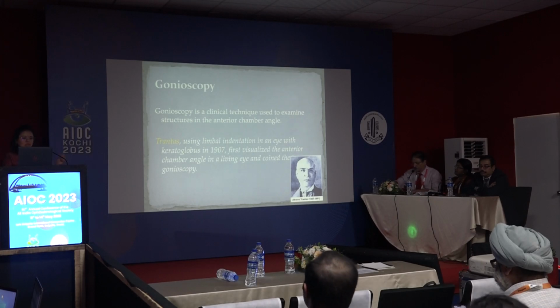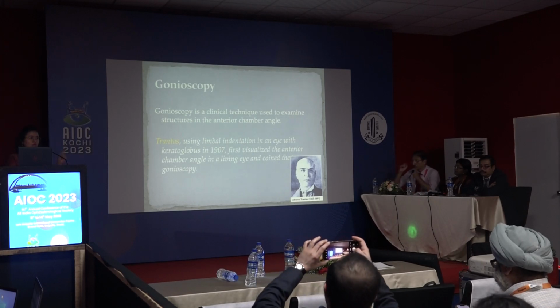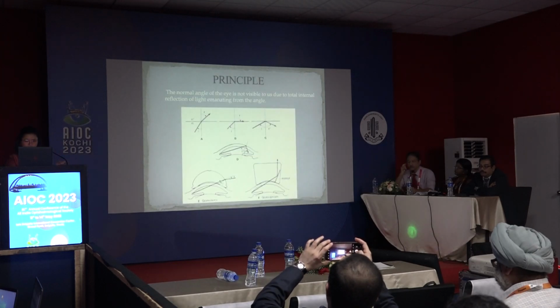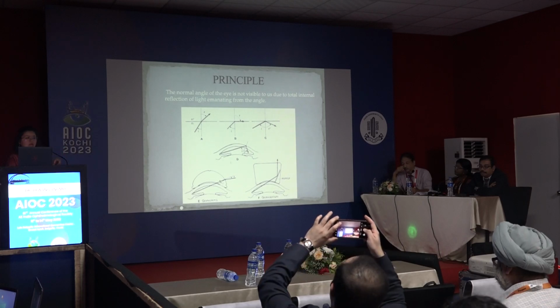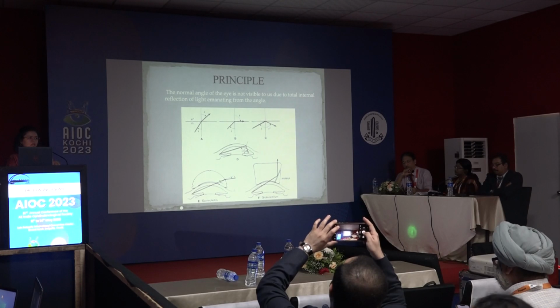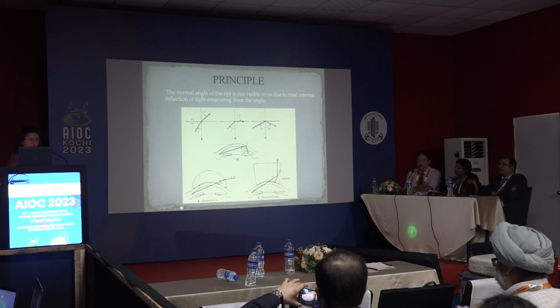And the term gonioscopy was coined by him. Gonios meaning the angle and scopy meaning to visualize. If you look into the principle, the normal angle of the eye is not visible due to total internal reflection. That is why we need a gonioscope or a gonio mirror to cut this angle of refraction.